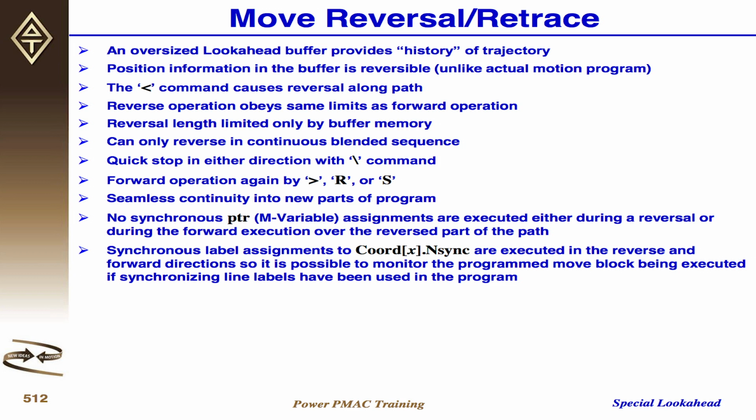You can only reverse in a continuous blended sequence. Quick stop in either direction with the slash command. Forward operation resumes with the greater than sign or the run or step command, with seamless continuity into new parts of the program.